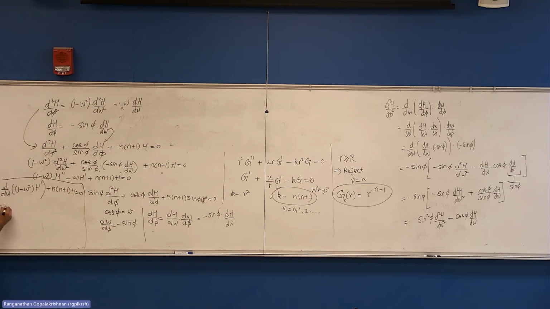This will be 1 minus w squared times h double prime minus 2w times h prime. You're missing a 2. We are missing a 2.